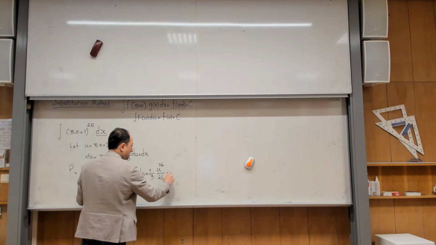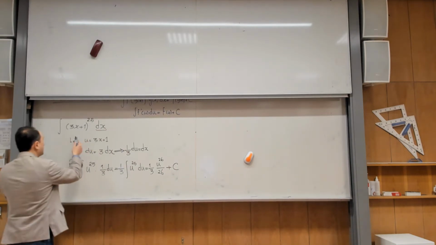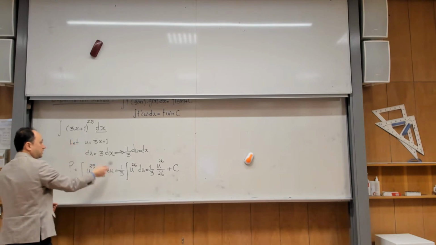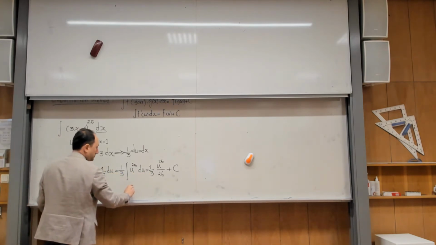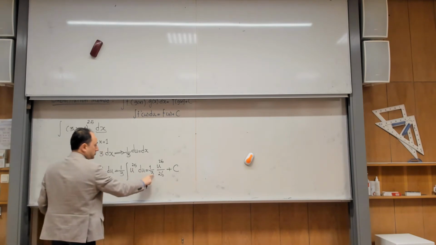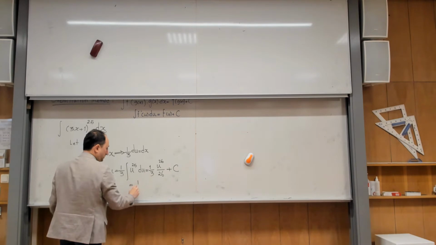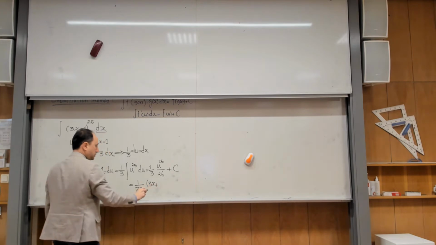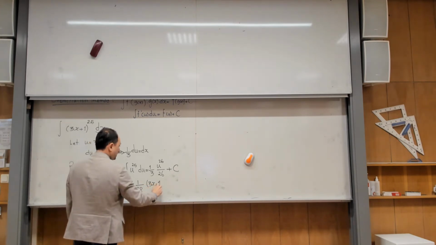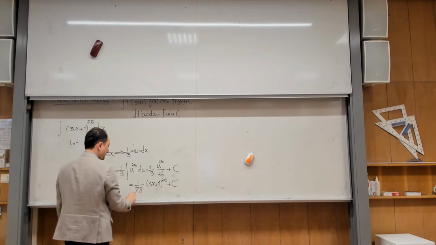And then you have this constant c at the end. But you need to remember, because I started from an integral in terms of x, you have to end up with an integral in terms of x. So we have to replace u with this expression at the end. So 3 times 26 gives 1/78, and instead of u, I put 3x plus 1 to the power of 26, and then you have a constant c.